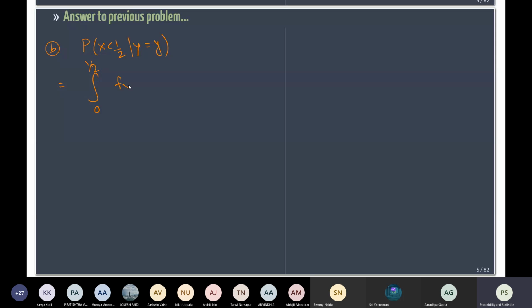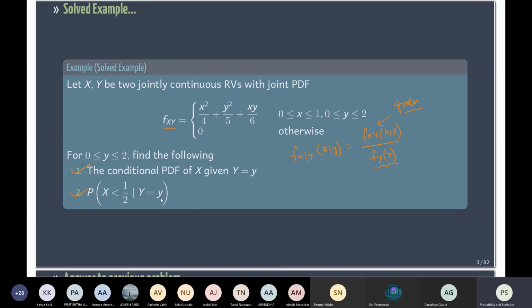And then the conditional. Because we are trying to compute this probability for the conditional, we have to put the conditional here, and then the dx here. This was found before, so we can just substitute it, integrate and put the limits. So these were the two things we were supposed to find.